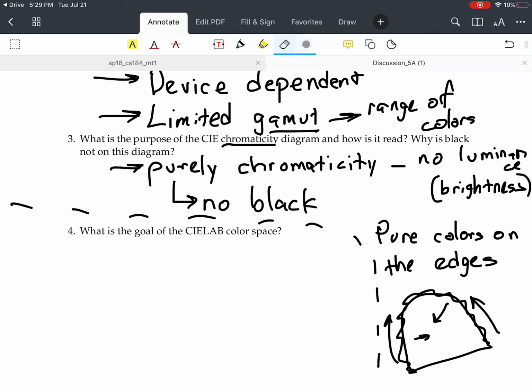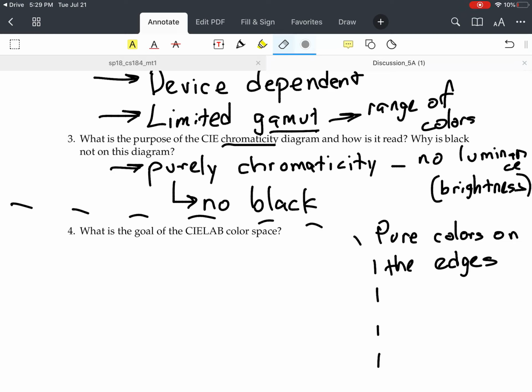Once again, definitely look this diagram up and read it in a little more detail. It's good to know. You won't really need to know too many details about this diagram for this class, but it's still good to take a look at it and get an idea of what it is.